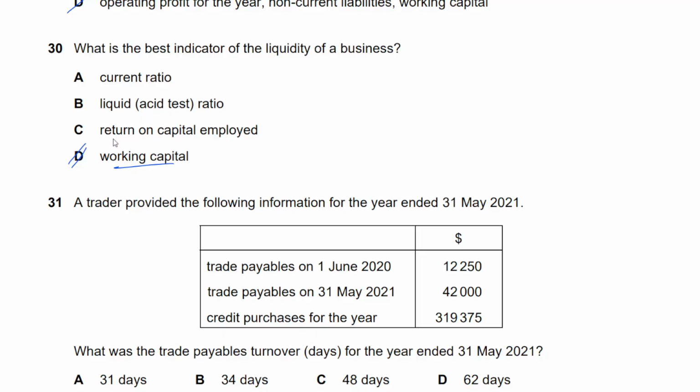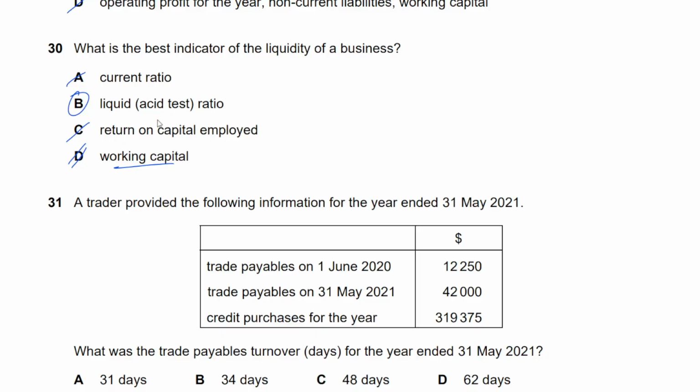Return on capital employed, that is a profitability indicator. Now we have the choice between current and quick ratio, or acid test ratio, or liquid ratio. We'll go for the liquid ratio because it only considers the liquid assets. Inventory is not considered a very liquid asset because it is 2 steps away from being cash. So this is the best option.